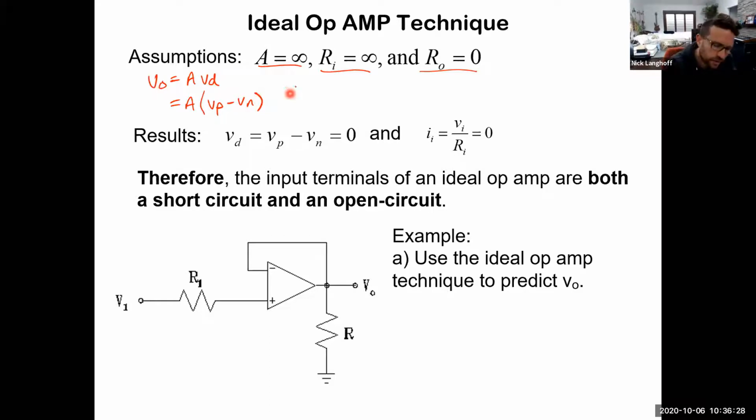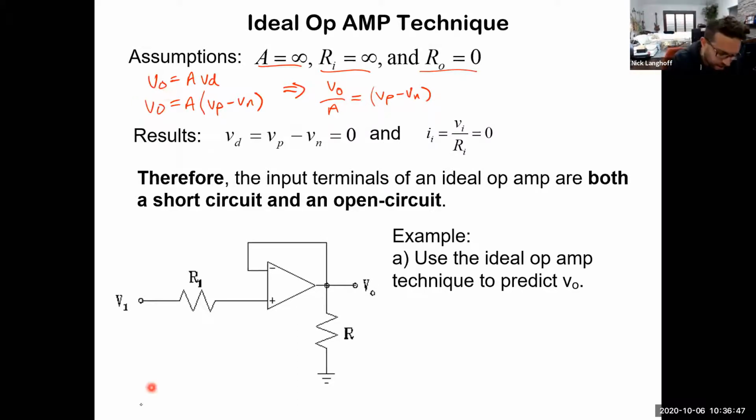Then we could rewrite this and show that Vout divided by A is equal to VP minus VN. All we did was divide both sides of that expression by A.